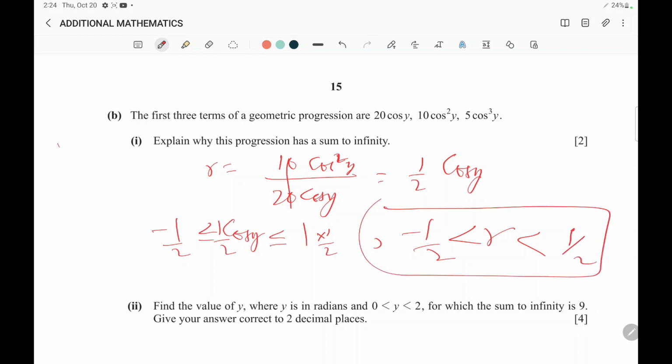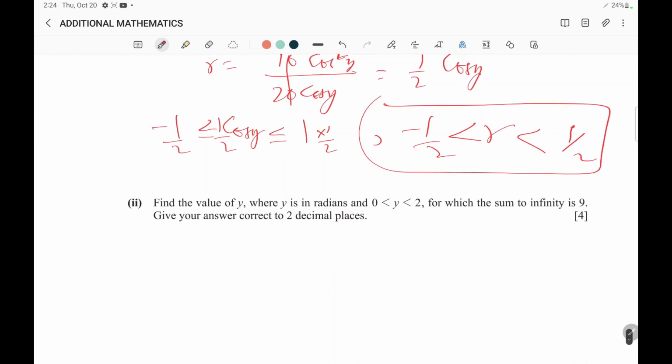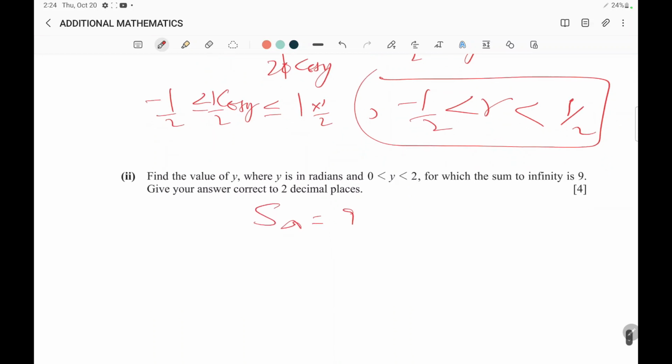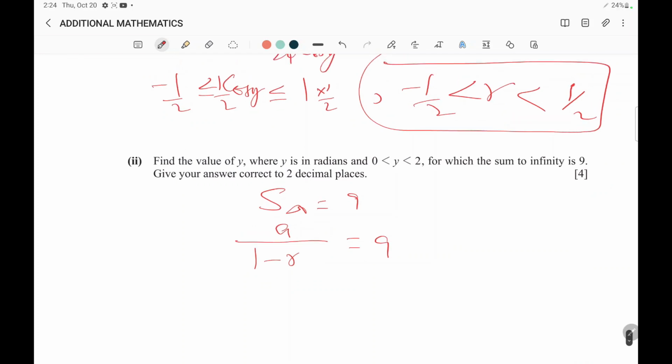Yes, so if the common ratio lies between -1 and 1, then of course the formula of sum to infinity is valid here. Now find the value of y, in radians, for which the sum to infinity is 9. So guys, S infinity is 9, it is given, and S infinity has the formula a over 1 minus r, that's 9. a means the first term.